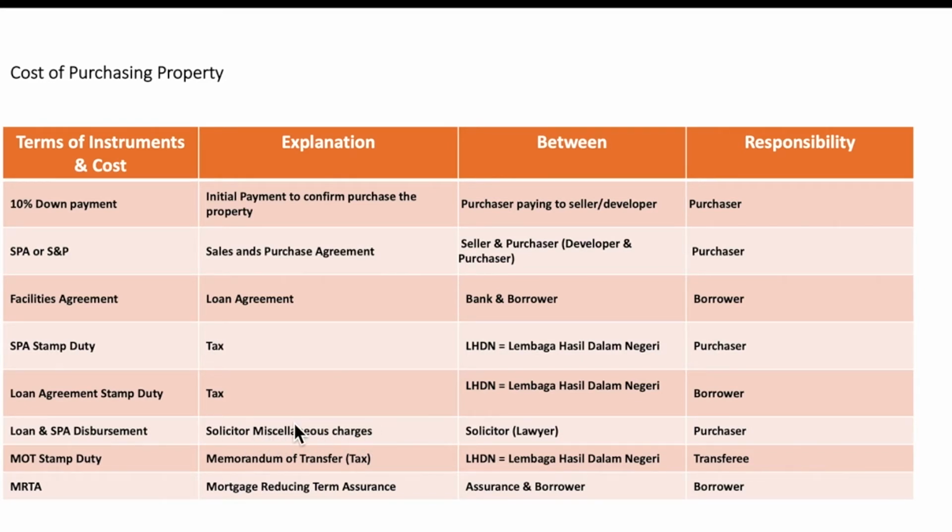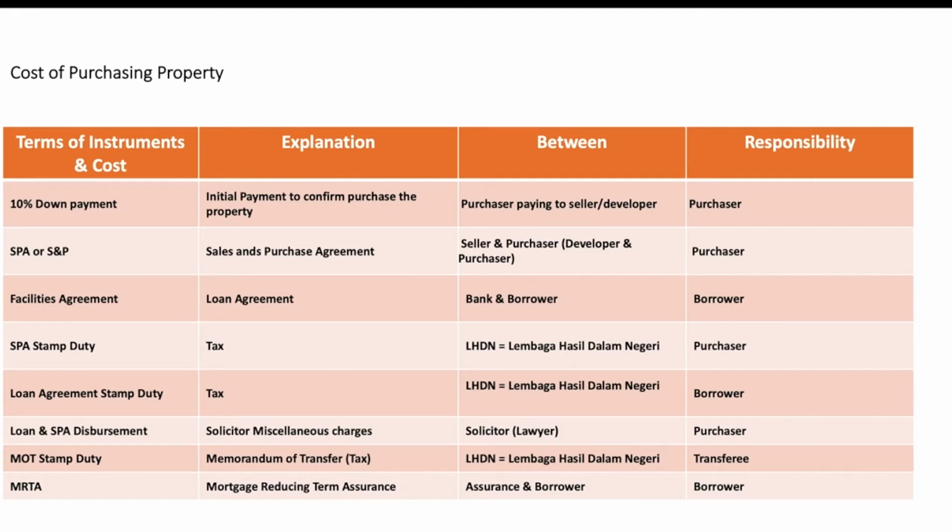Like those, you need to put a caveat. Caveat means 冻结. When you pay the deposit, the 10% down payment already, the lawyer actually can put a caveat. So when they put this caveat in the land office, they freeze the property, so the next buyer cannot pay.